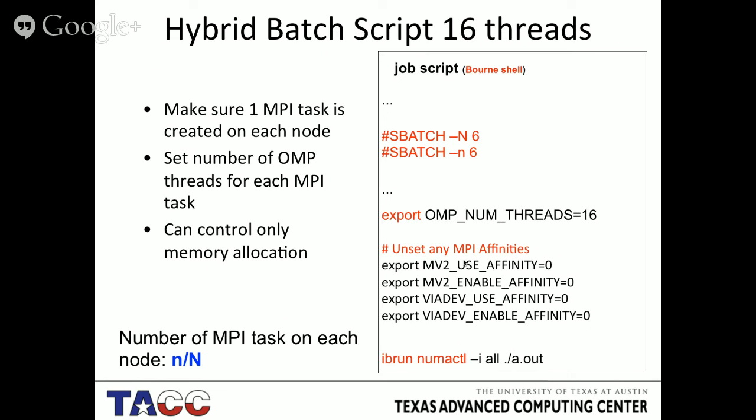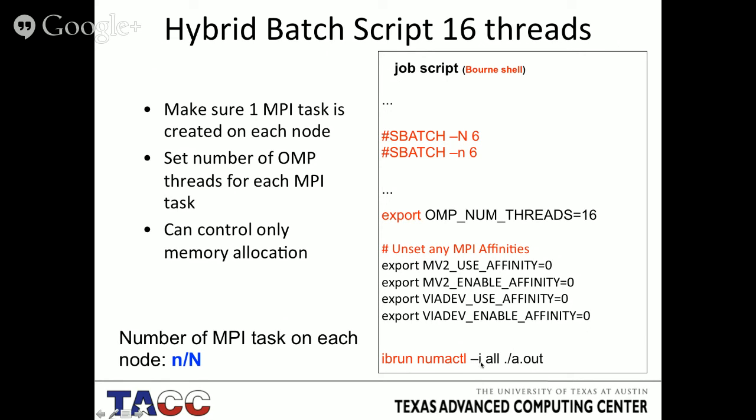Okay, and so you turn off the MPI things that are trying to set affinity with these environment variables up here. And now what's happening down here in the ib_run, we know what's happening to this part over here now. The ib_run is going to launch this command and the rest of this line 6 times, 1 on each of the nodes, and it has a single NUMA control right here for all of them.